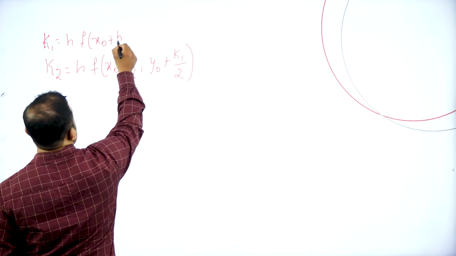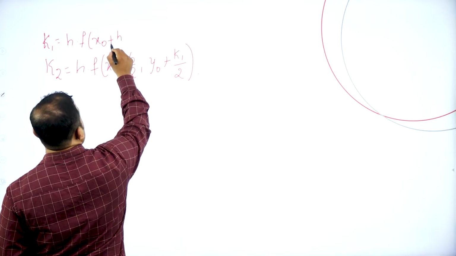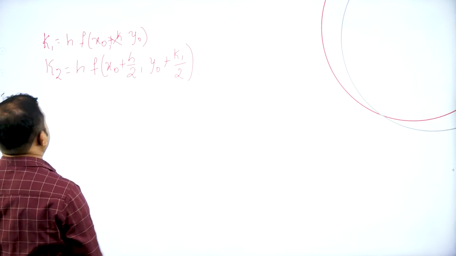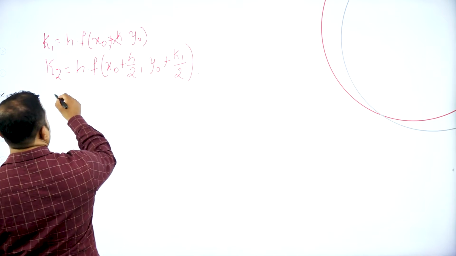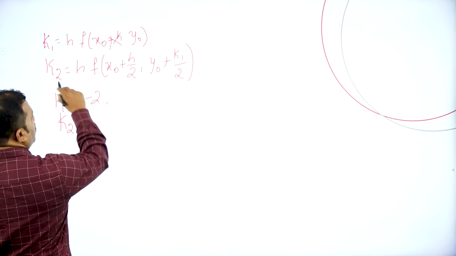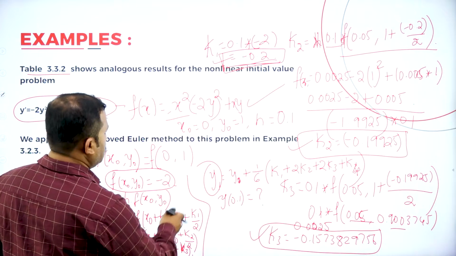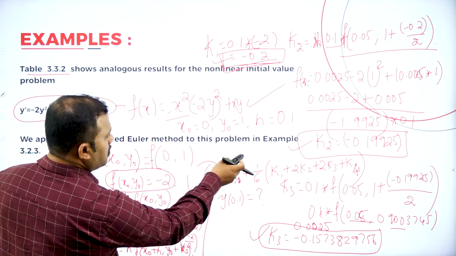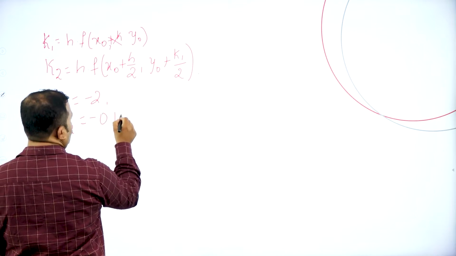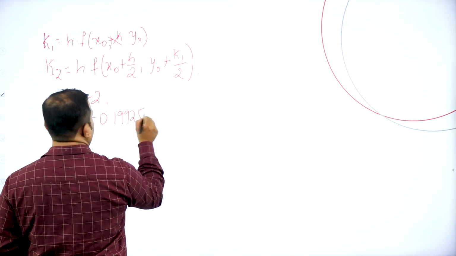So we have x0 comma y0 here. What is the value of k1? That is k1 is equal to minus 2. K2 is equal to the value we have found in the previous step, that is K2 is equal to minus 0.19925.